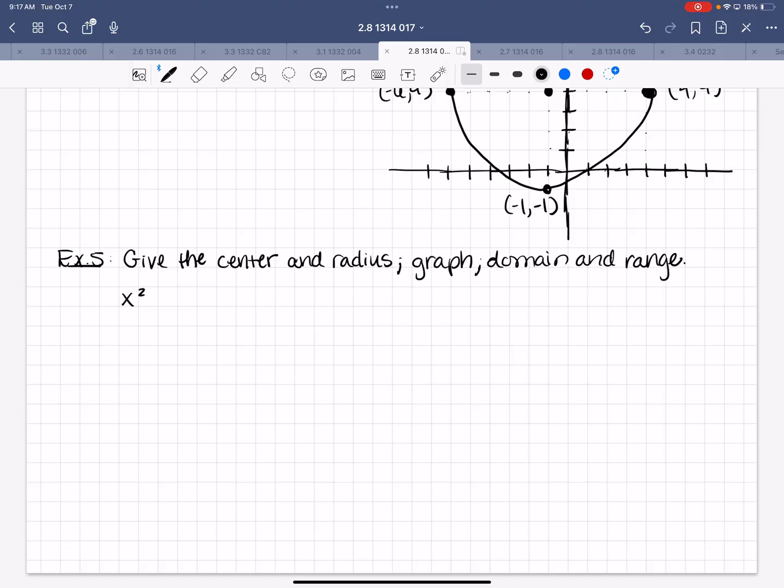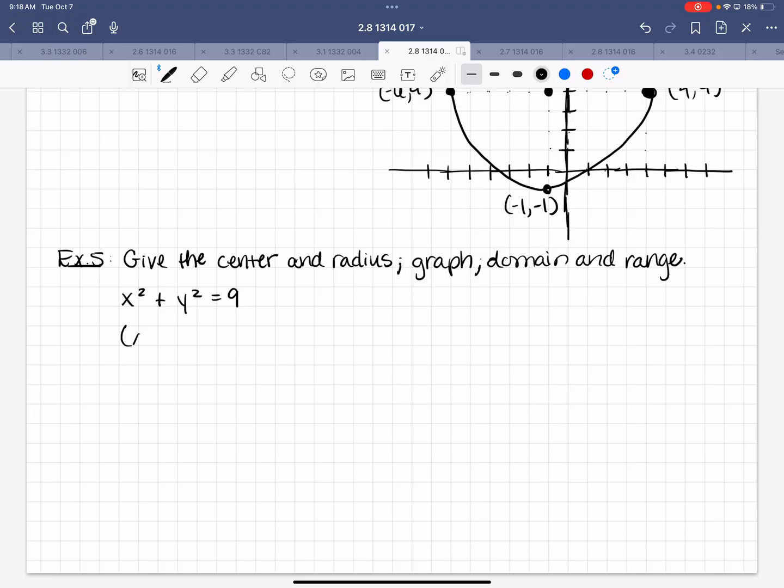They give me x squared plus y squared equals 9. This one's actually a lot friendlier than it looks. Guys, if we don't have the parentheses x minus something or x plus something, y minus something, y plus something, that center's at 0, 0. Let's think about it.